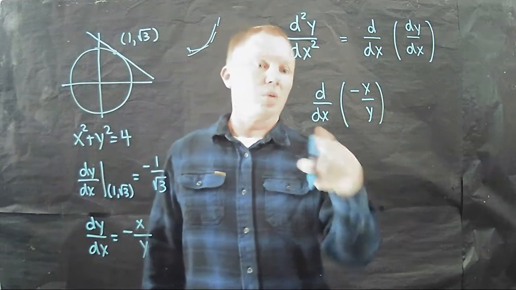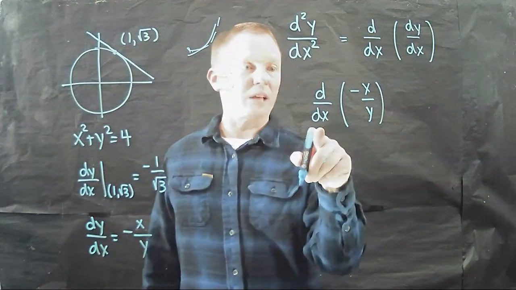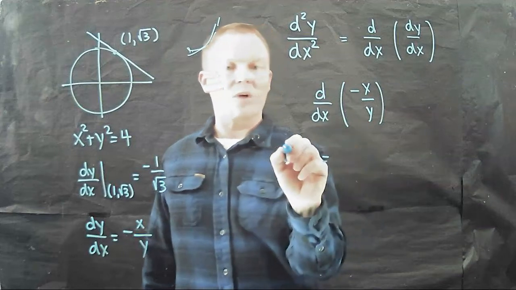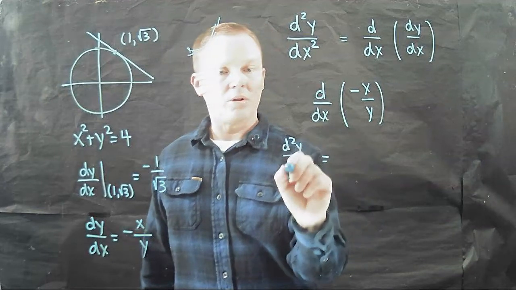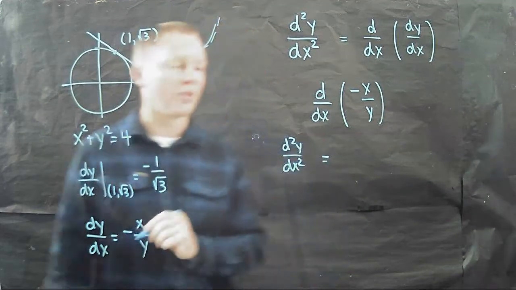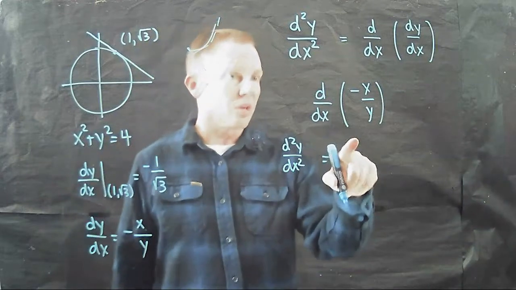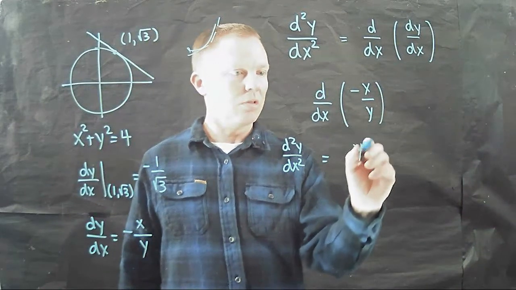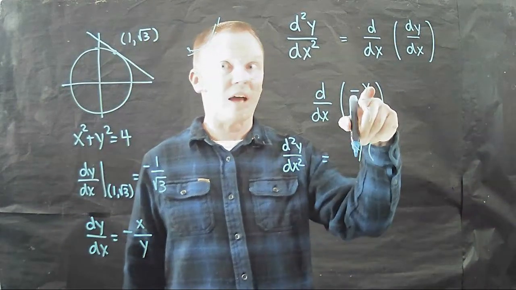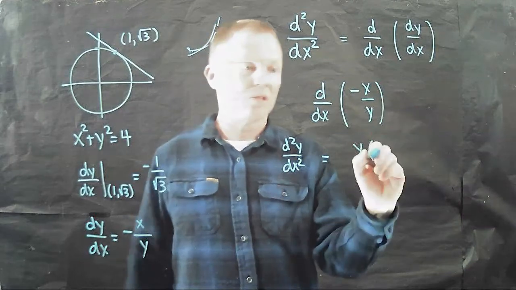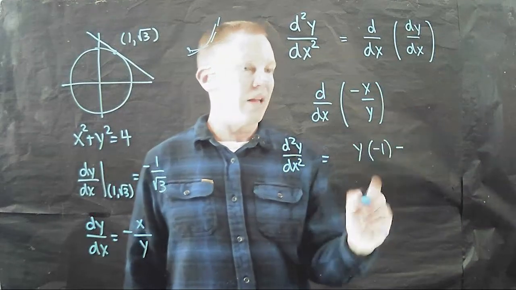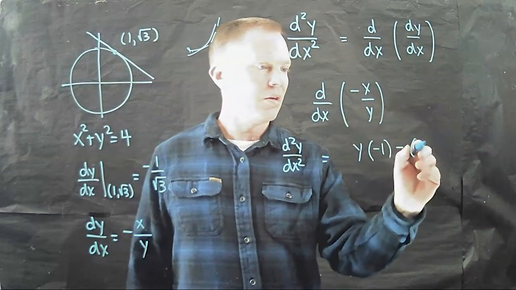So we're going to take the derivative with respect to x of negative x over y, and that's going to equal that second derivative. So let's do it. That's low d high. What's the derivative of negative x with respect to x? It's negative 1. Minus high d low.